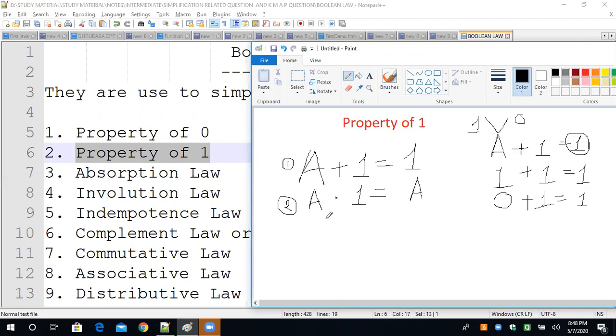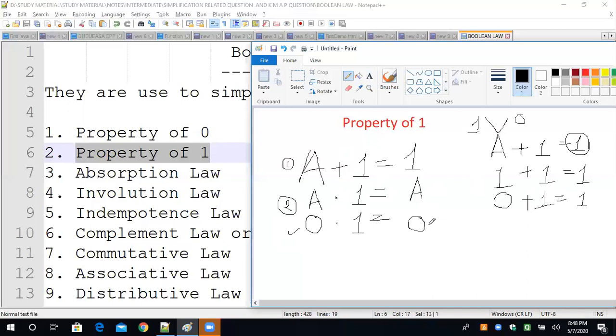Now the second law is a dot 1 is equal to a. Here the output will depend upon the value of a. Suppose I am taking 0 dot 1. So 0 dot 1, multiplying by 0, you will get 0. What output are we receiving? The value which I have taken as a, the same output is coming.